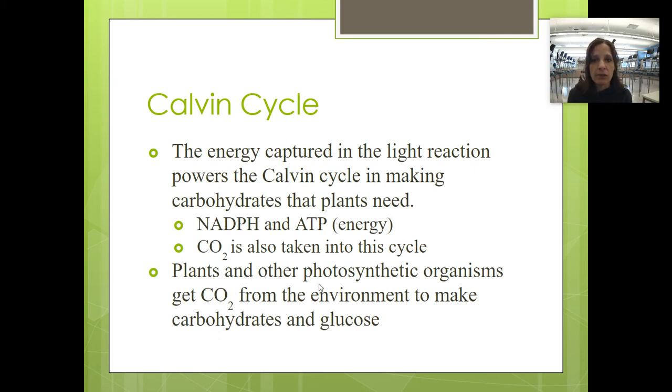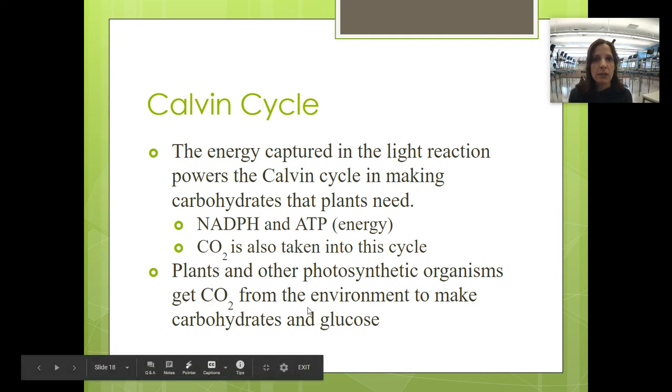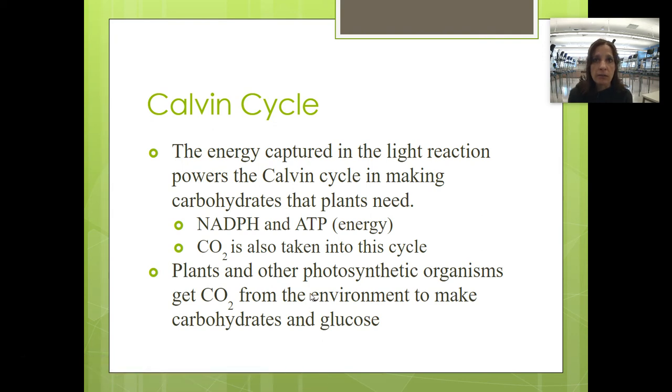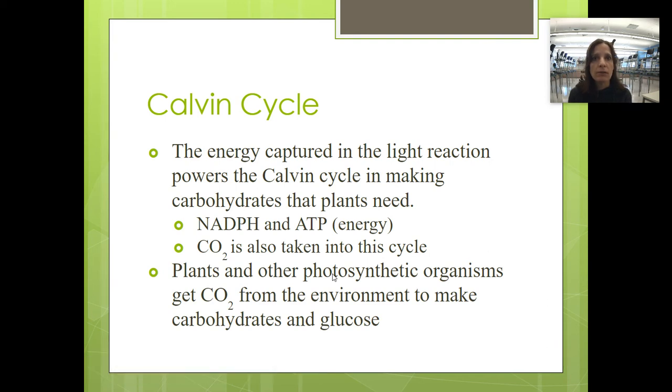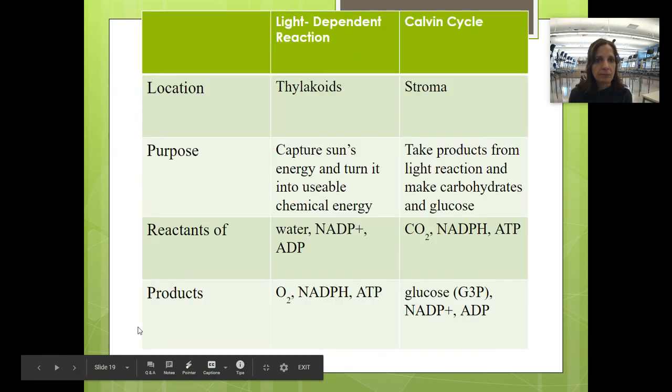So plants and other photosynthetic organisms get CO2 from the environment to make carbohydrates and glucose. If it's an algae, then they get that carbon dioxide from the water. And if it's a terrestrial plant, then it gets carbon dioxide from the air. So nutrients and water come from the roots and the soil, and carbon dioxide comes in from the atmosphere.